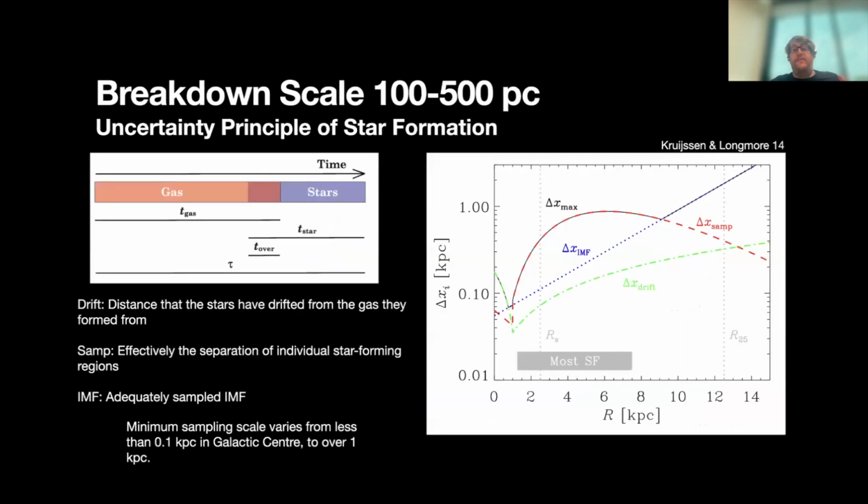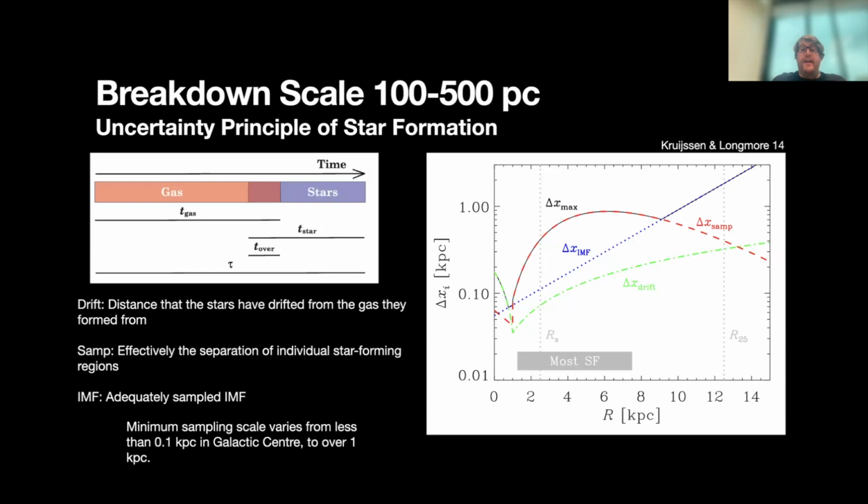And the reason it breaks down at such small scales is something that Diederik Kruijssen and Steve Longmore produced, which was an uncertainty principle of star formation. Essentially it took the star formation rate versus the cloud, and you see the stars, and it measures the stars and the gas within a particular system, and it tells you how long a certain system stays in the gas phase, how long it stays in the stellar phase, and what's the overlap, which is the star forming region, the star forming time period.